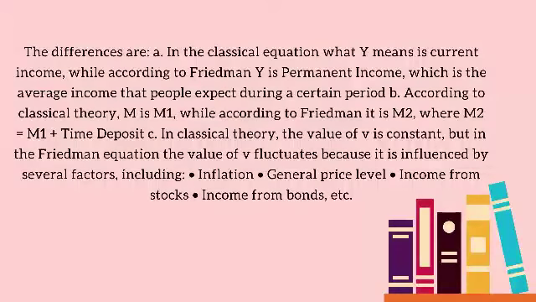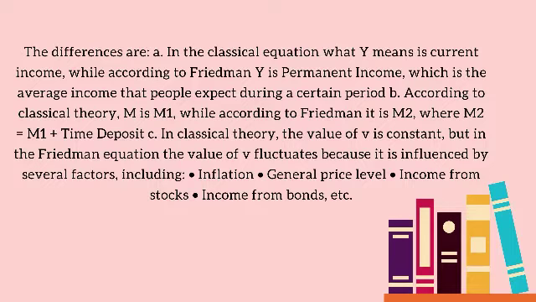The differences are: in A, in the classical equation, W means current income, while according to Friedman, W is permanent income, which is the average income that people expect during a certain period.